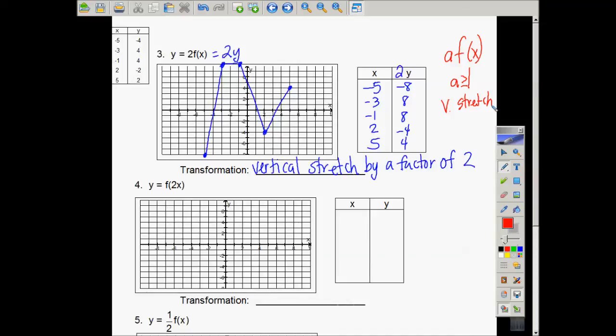It just looks like AFX, A times F times X. What if I put it like this? Better? Yeah. Okay. That's better. Yep.